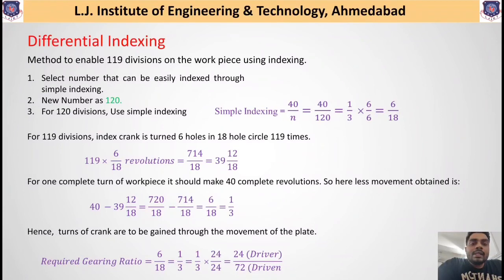The meaning of 1 divided by 3 is that the driver gear has 1 tooth and the driven gear has 3 teeth, but this type of gears are not available. So we need to obtain this ratio with the standard gears available, and for that we have multiplied numerator and denominator by 24, because 24 number of sets are available, as we have discussed in this lecture. So the final gearing ratio obtained is 24 divided by 72, as shown over here.